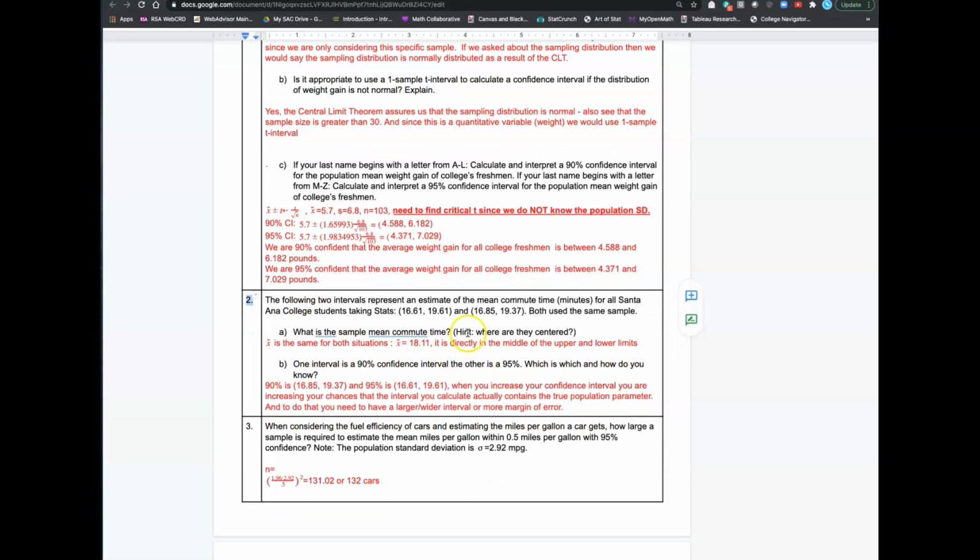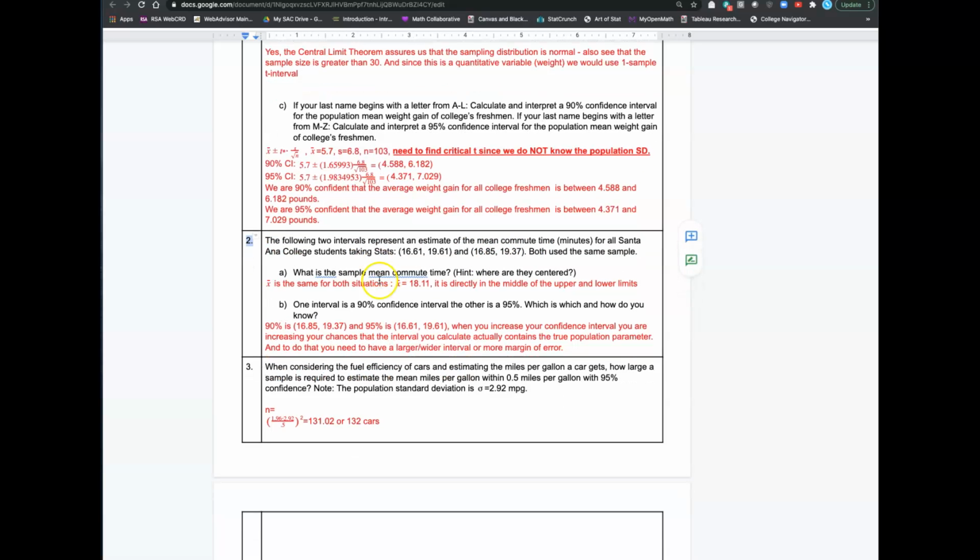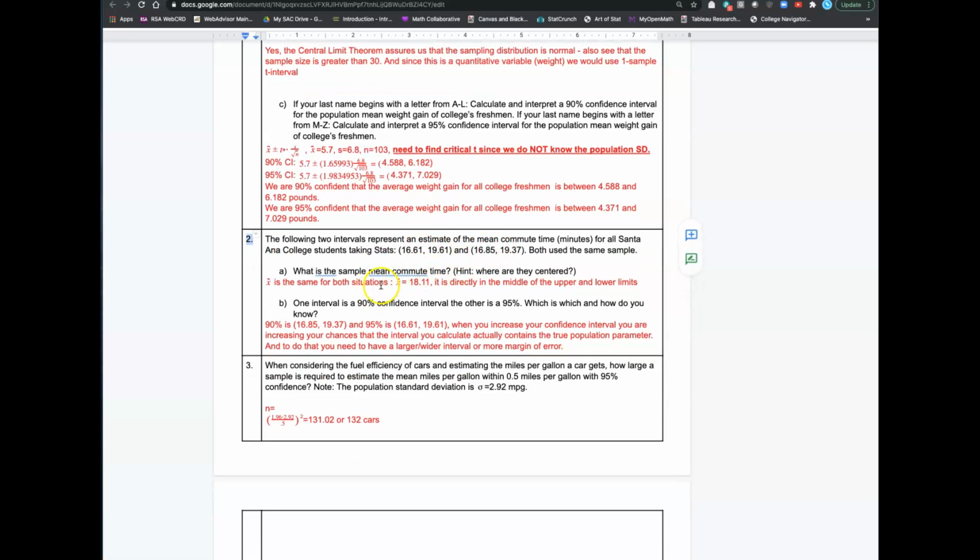So looking at these given confidence intervals, right? These are already calculated. And so these are, again, hypothetical confidence intervals. It's an estimate. Remember, confidence intervals are estimates of the population. So in this case, we're trying to estimate the population parameter, the mean, right? Commute time. And so remember the sample mean.